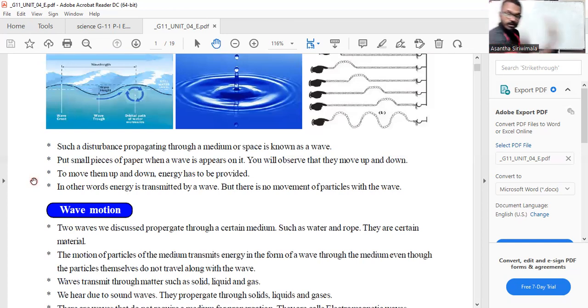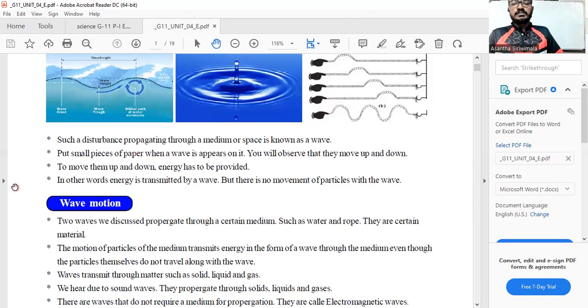It is not going to go along with the wave. The particles are not going to move continuously with the wave, but they will show some kind of vibration. In the case of water waves, the wave moves in this manner, and the particles move up and down, with the piece of paper representing a small particle.